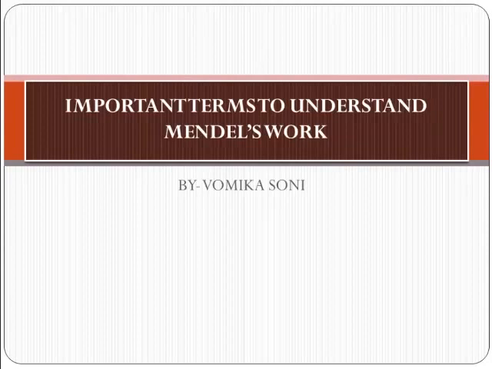In my previous video lecture, I have explained the reasons behind selection of garden pea plant, the reasons because of which Mendel experimented on garden pea plant or Pisum sativum plant.